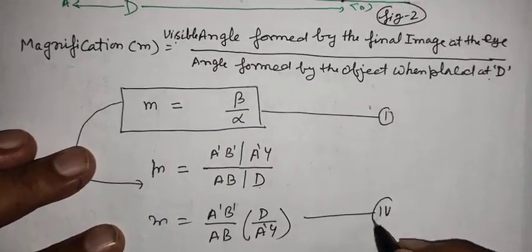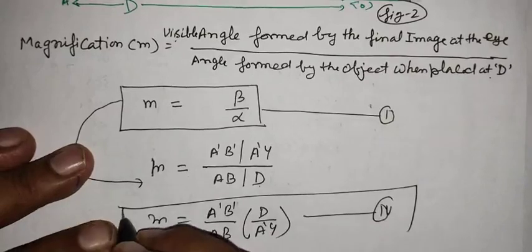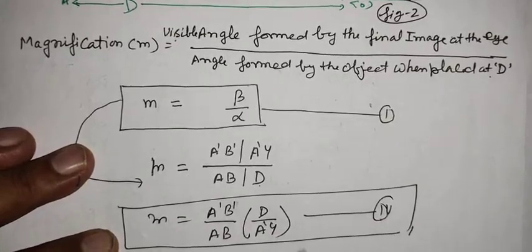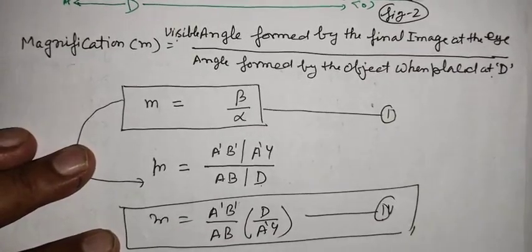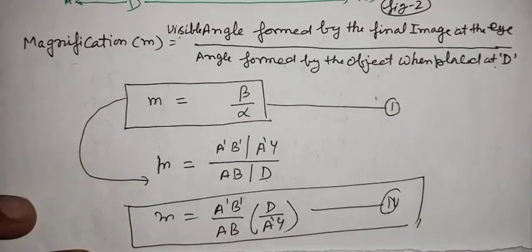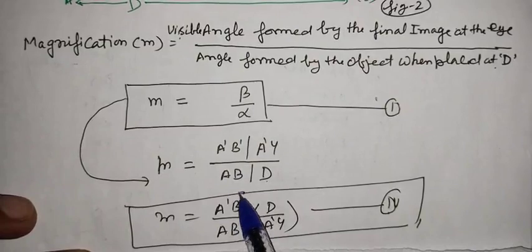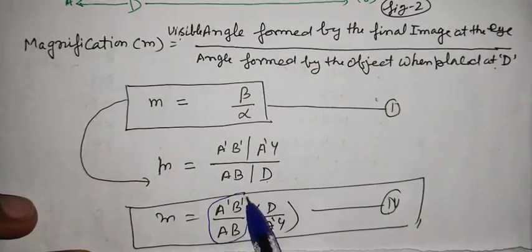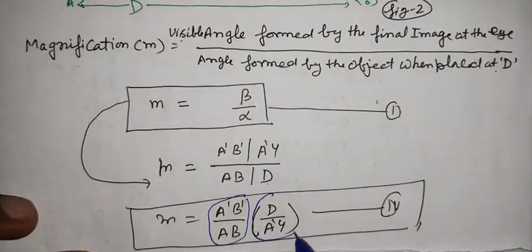It is equation number 4. See, magnification can be obtained by equation number 4. Look carefully at A dash B dash by AB; we will obtain its value.